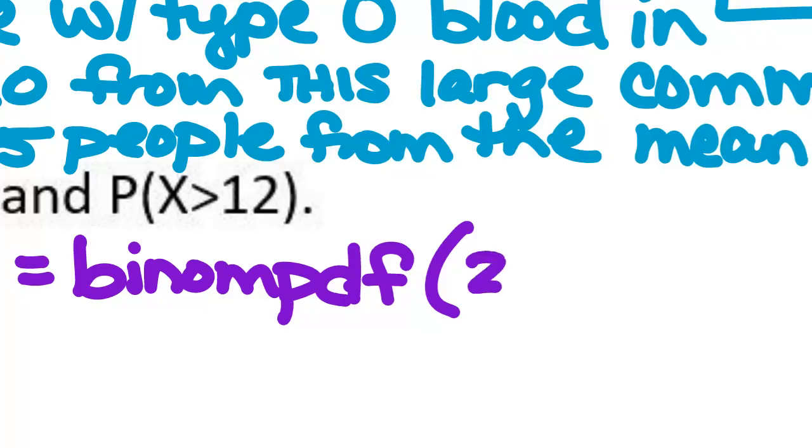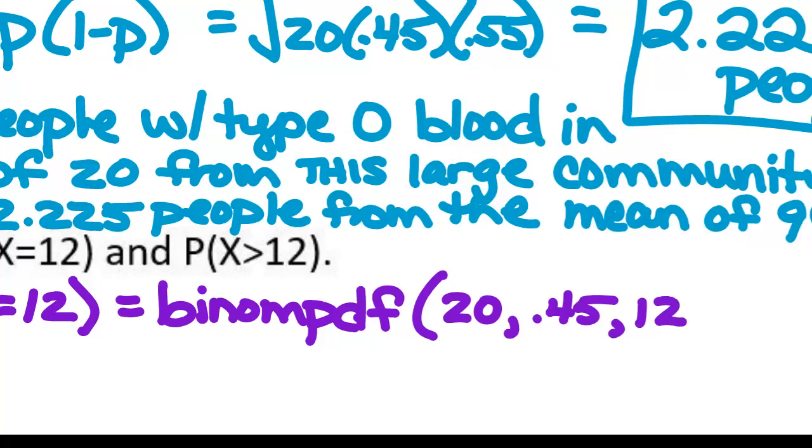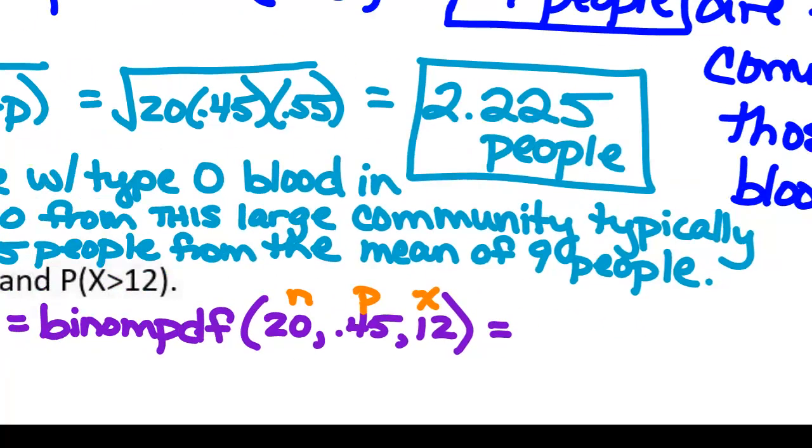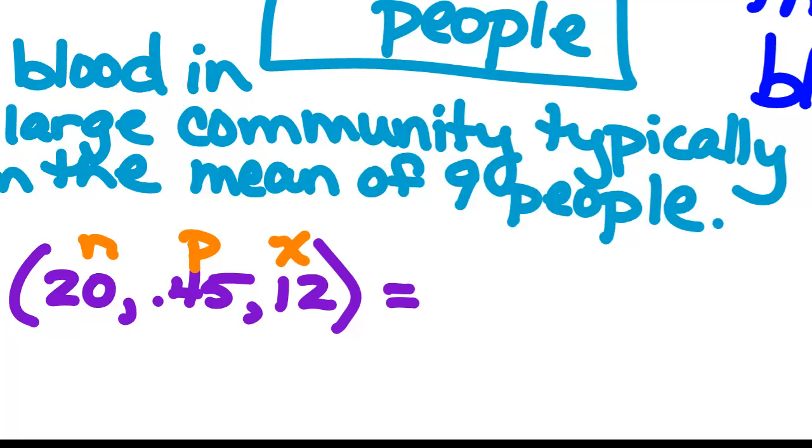What values do I need to put inside the parentheses? NPX in that order. 20, 0.45, 12. Should I label those? Yes, please. NPX. And then you hit enter after you close your parentheses.